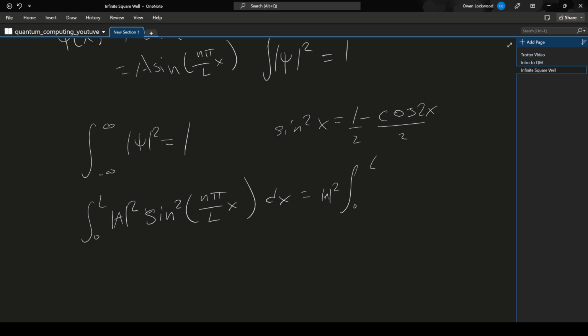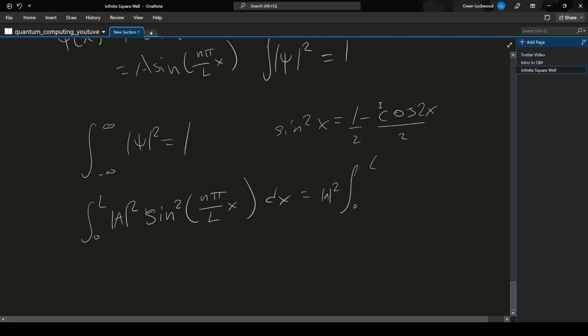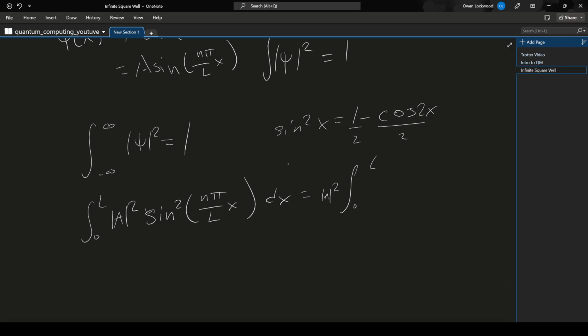So that's just an identity. You could probably prove or derive it, but you can look it up, and that's the identity we're going to be using. So we now have our handy little substitution. I don't know what the integral of sine squared is, so let's substitute this. We have 1/2 times 1 minus cosine of 2 n pi over L x.